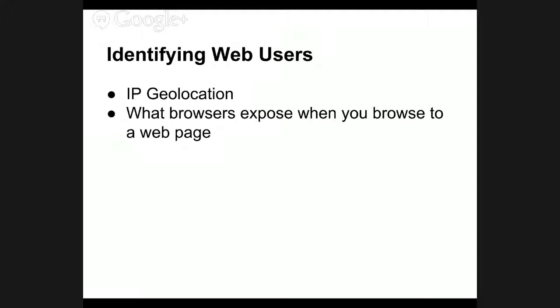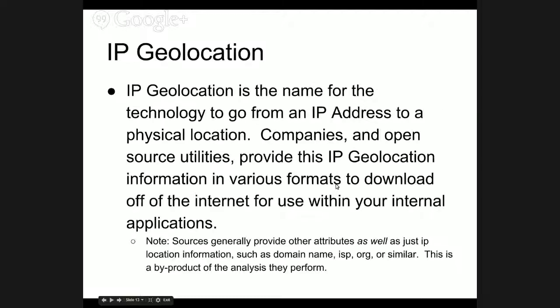Awesome, okay, I'll continue. So, identifying web users with IP geolocation is what we're going to be talking about first. IP geolocation is basically the name of a technology which is really a database of IP addresses to physical location.